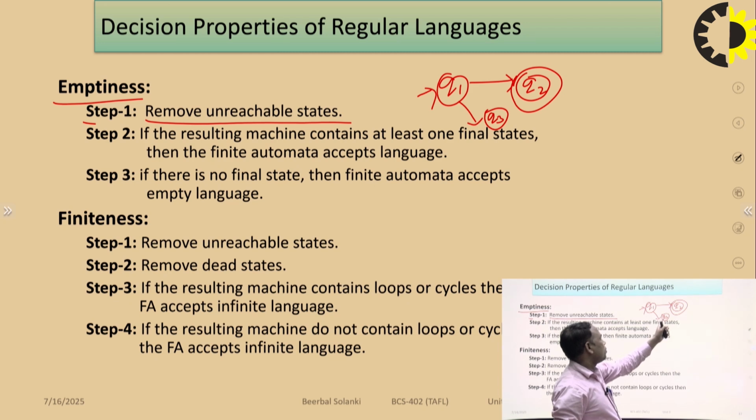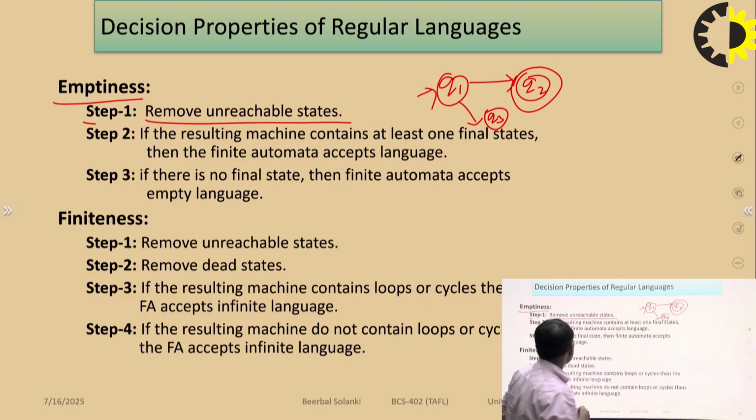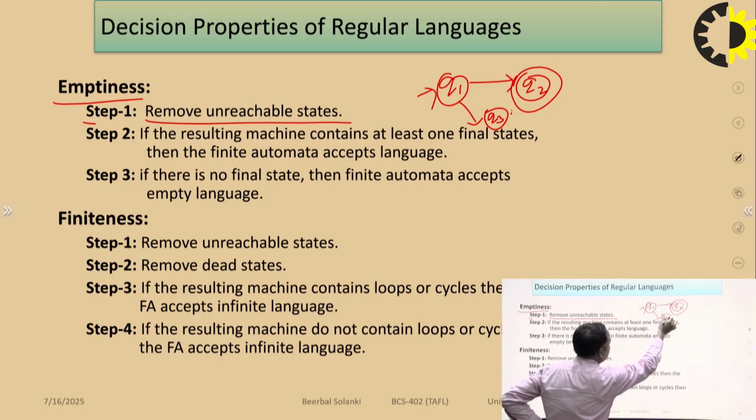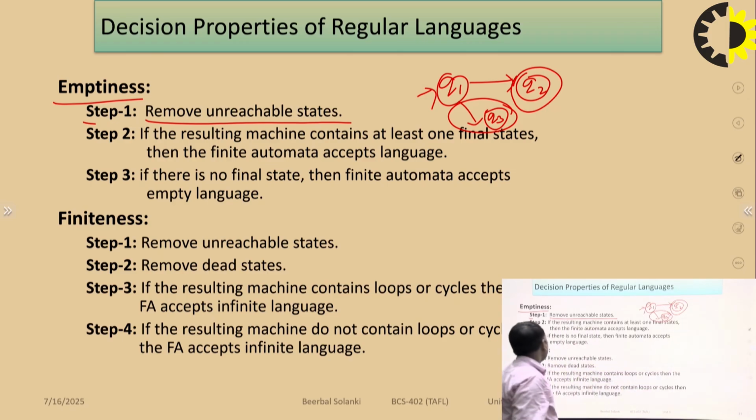Unreachable state means that we cannot reach Q2, that is the final state, from the initial state. So here we can remove this state if the resulting machine contains at least one final state.